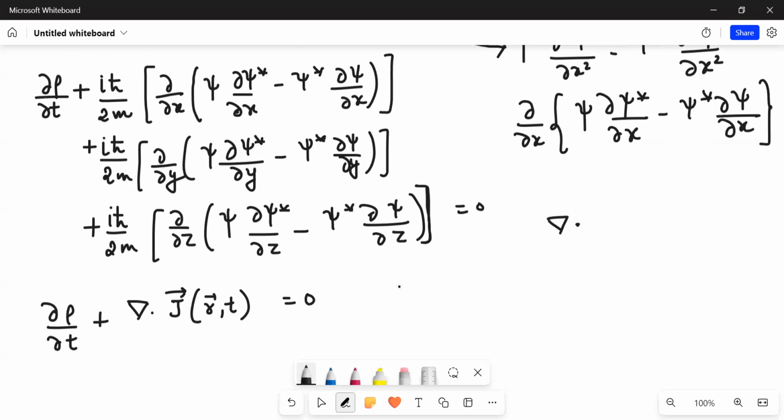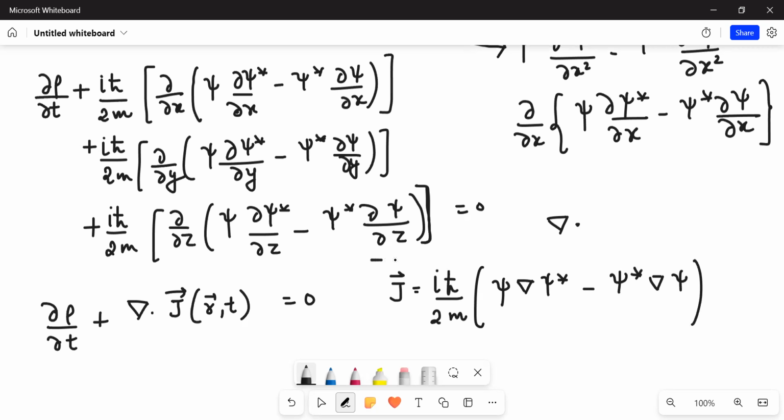And this j vector is equal to iota h cut upon twice m times psi grad of psi star, sorry, grad of psi star, so in the first it is x, in the second it is y, and minus psi star grad of psi. So this is how you write.